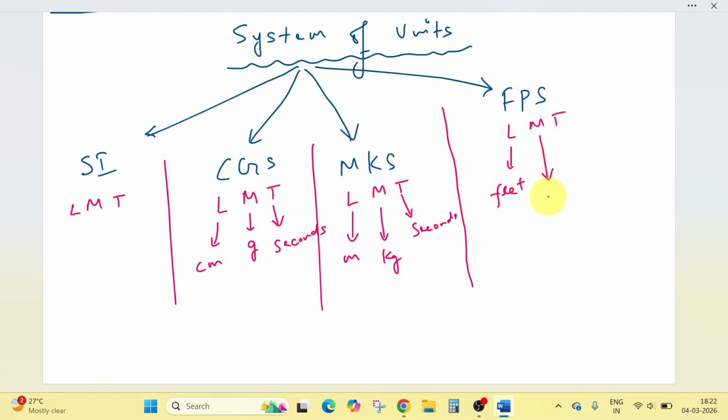Mass is P. P for what? Pounds. In London or the British system, this FPS system is used. In the United Kingdom, in England, this system is used, and in the US also, in most of the parts. Okay, pounds. T for time. Time is everywhere in seconds.